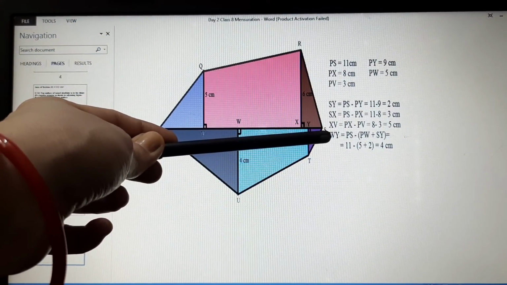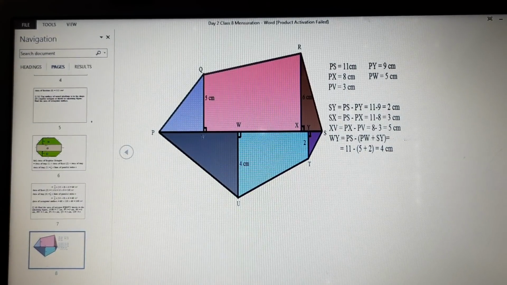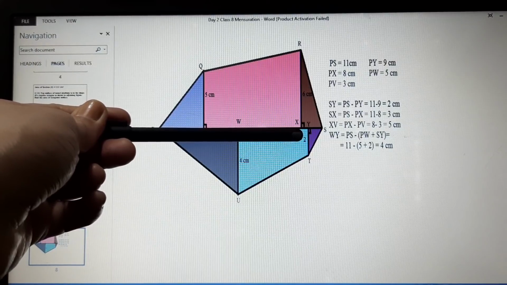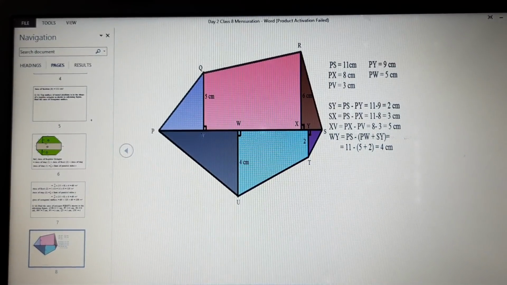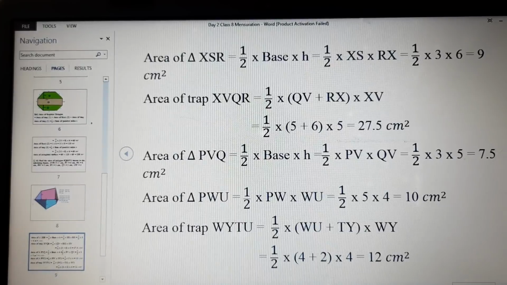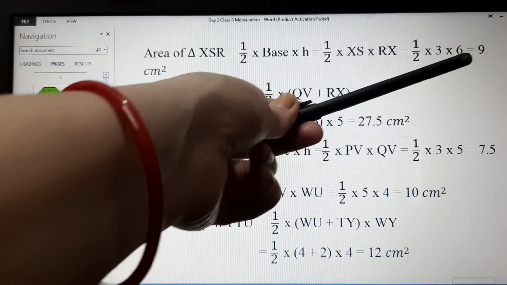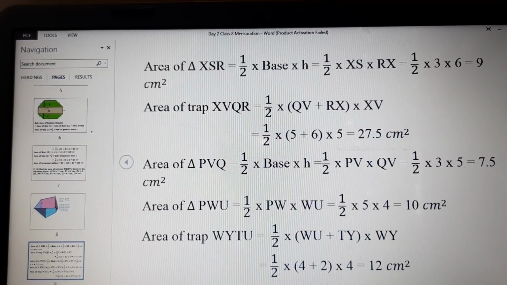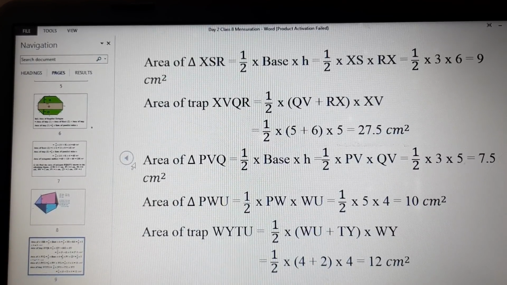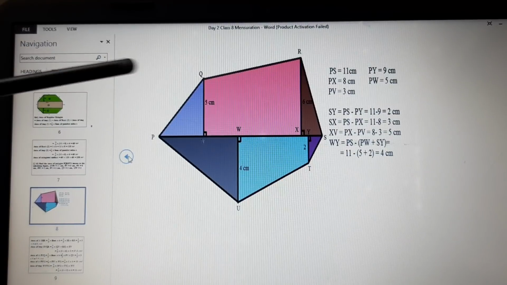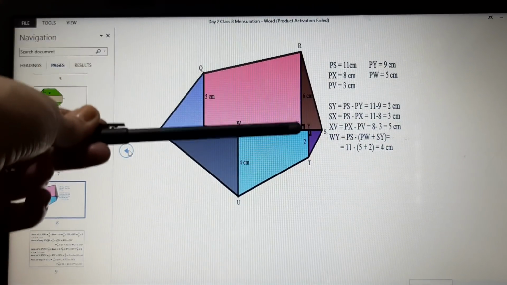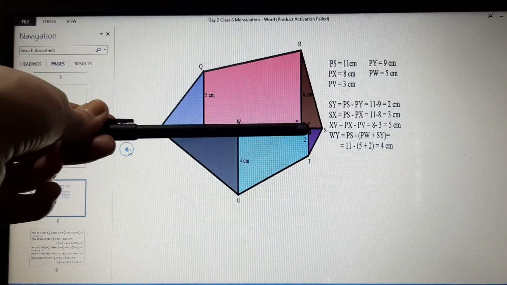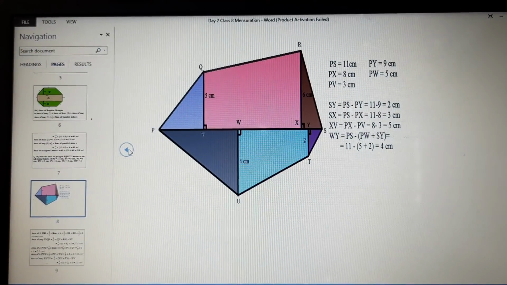Now let us calculate the area of triangle RXS. 1 upon 2 into base into height. The base is SX. Clear? 1 upon 2 into 3 into 6, that means 9 centimeter square. Trapezium: 1 upon 2, sum of parallel sides. The parallel sides are 5 and 6, so 1 upon 2 into 5 plus 6 into the distance between them, VX.